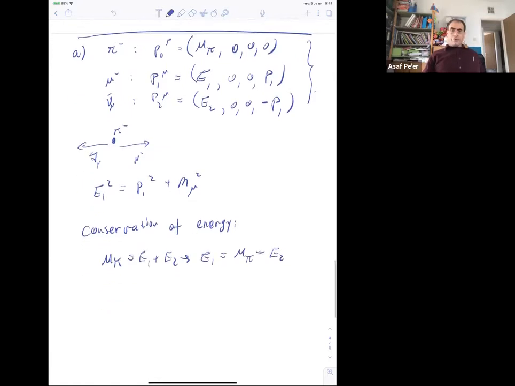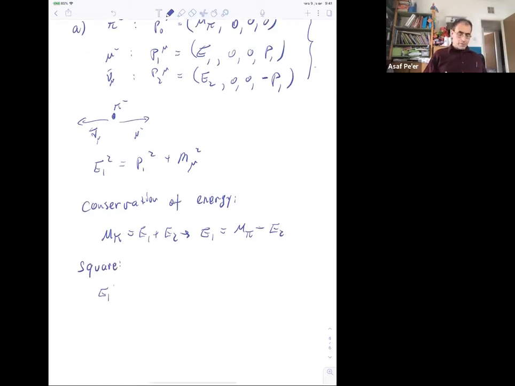Now the simplest, of course, is to square that. And we get E1 squared is just m pion squared plus E2 squared minus 2 m pion E2. Now is where I plug in the relation between the energy and the masses.